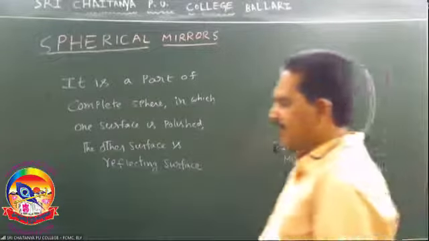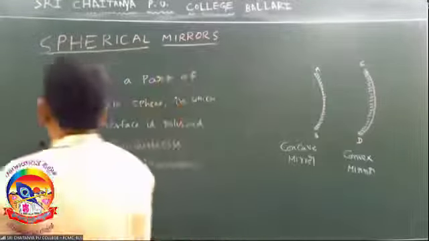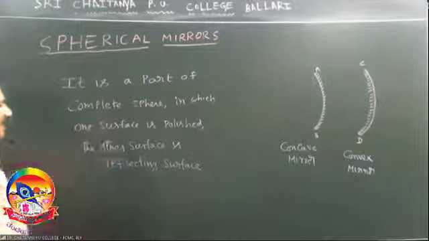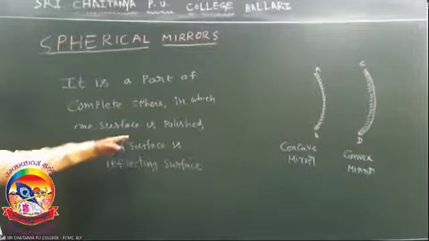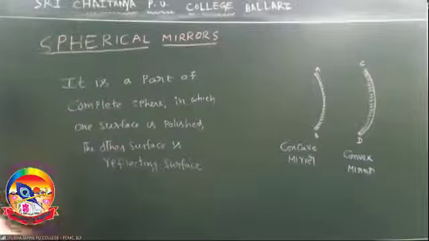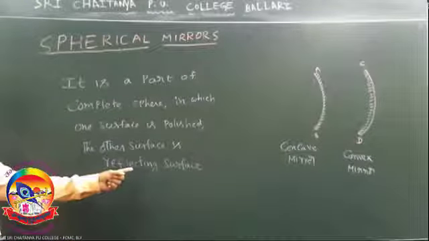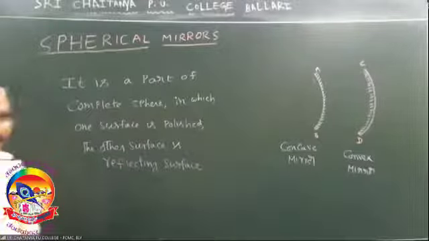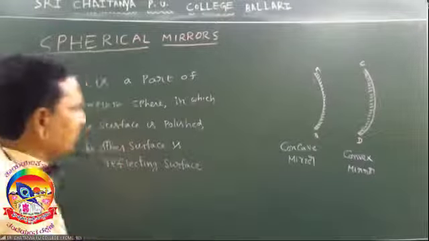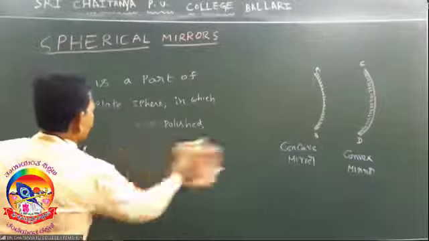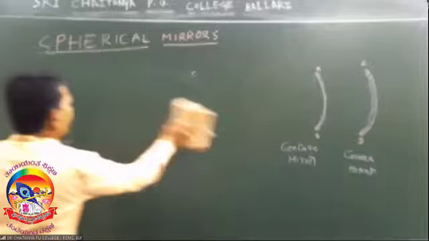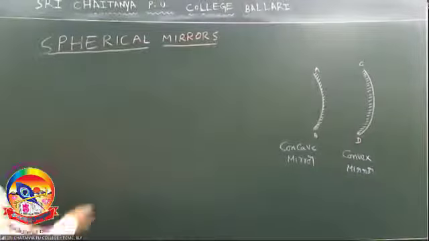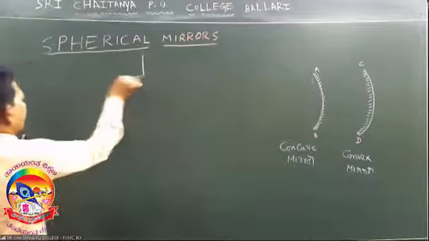A spherical mirror is a part of a complete sphere in which one surface is polished and the other surface is the reflecting surface. The spherical mirror is of two types. What are the two types of spherical mirror?